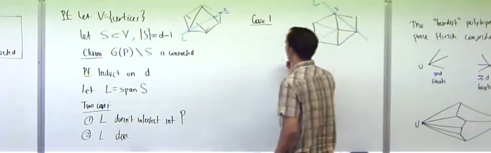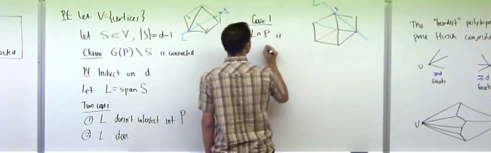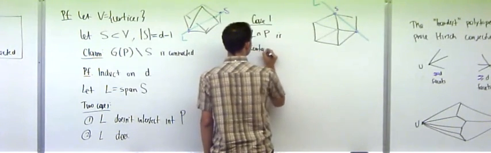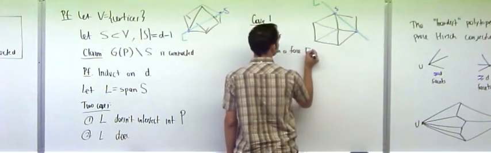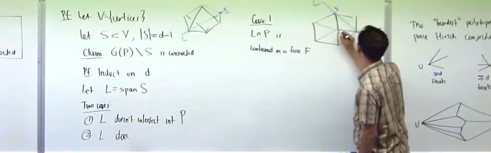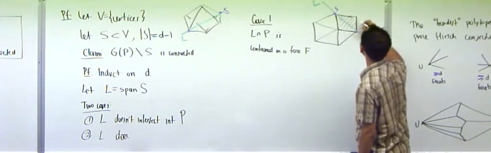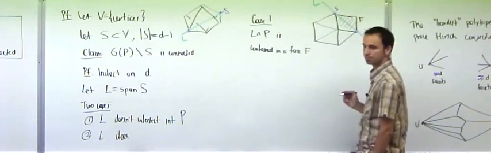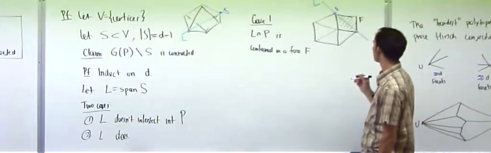So L intersect the polytope is contained in a face F. In this case, this is the face F. That's the face that this space touches.